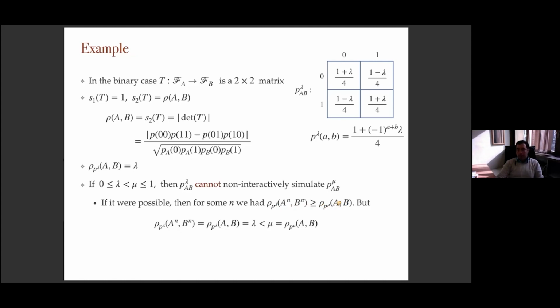By the data processing, I should have this inequality if the non-interactive simulation was possible. But remember, the maximum correlation of P mu is mu, and the maximum correlation between An and Bn for this parameter lambda is the same number as I computed for n equal to 1. I get lambda, but lambda is less than mu, so I get a contradiction. It's not possible.